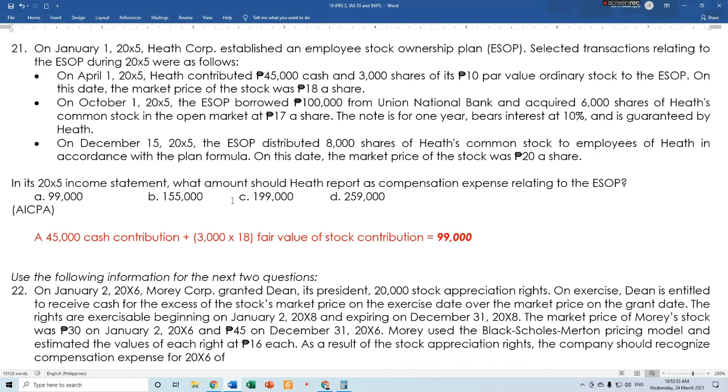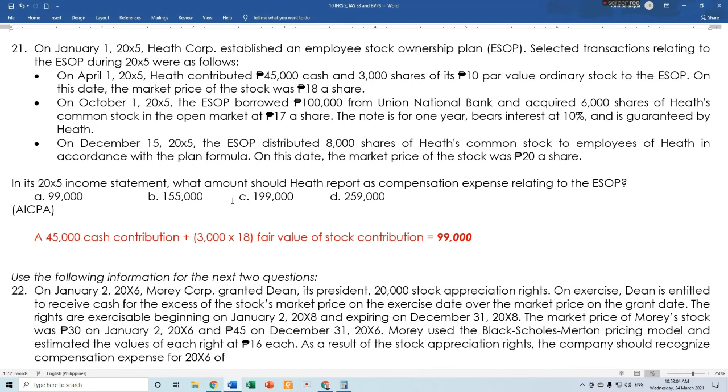On that date, the market price is 18. So ang kinontribute na nung April 1, 45 plus yung 18 pesos per share na 3,000 shares. On October 1, the plan borrowed 100,000 from Union National Bank and acquired 6,000 shares of the common stock in the open market at 17 per share. The note is for 1 year, bears interest at 10% and is guaranteed by the employer.